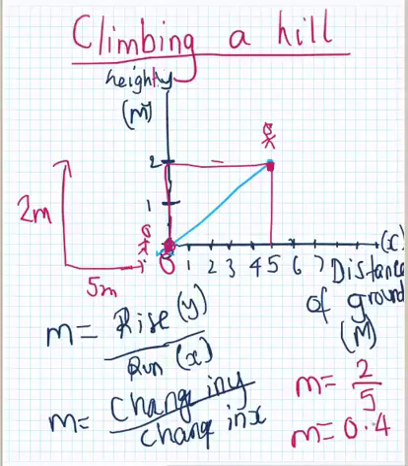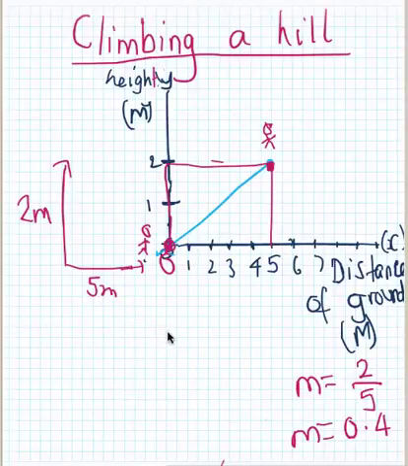Now 0.4 is quite close to 0, isn't it? So you would say it's not a very steep hill, and it makes sense because can you imagine, 2 meters is as tall as a doorway approximately, and it's spread out across 5 meters. So it's not going to be a very steep hill to climb, or very long either.